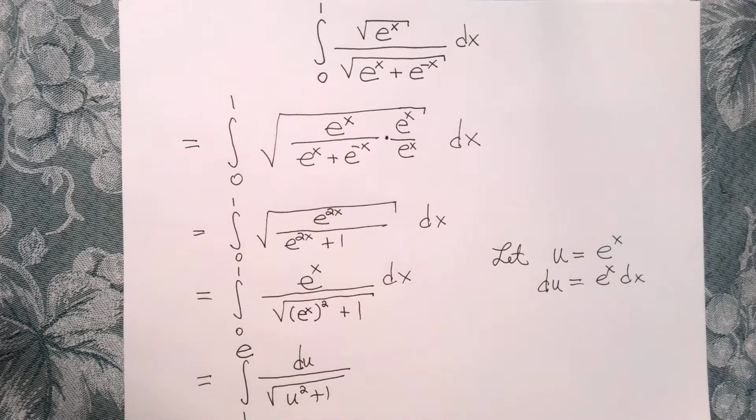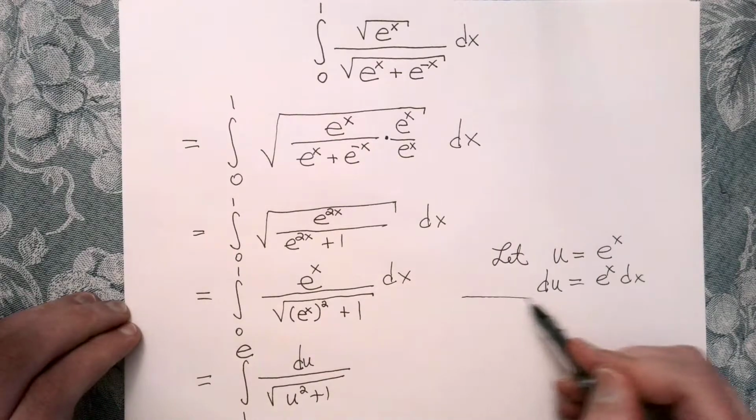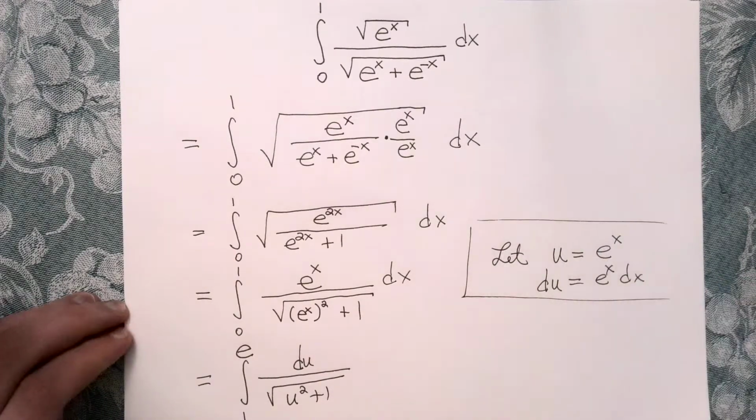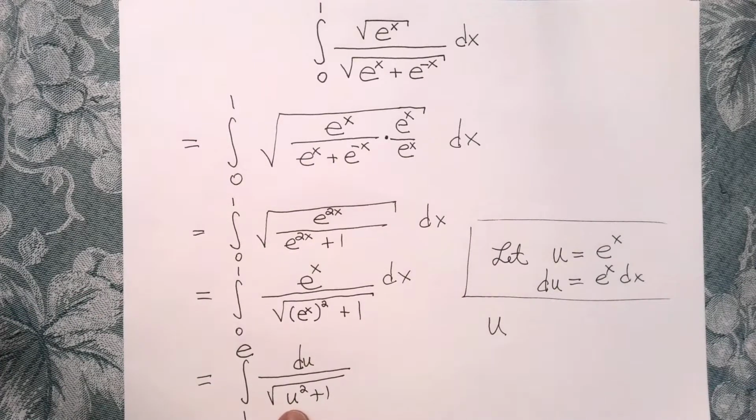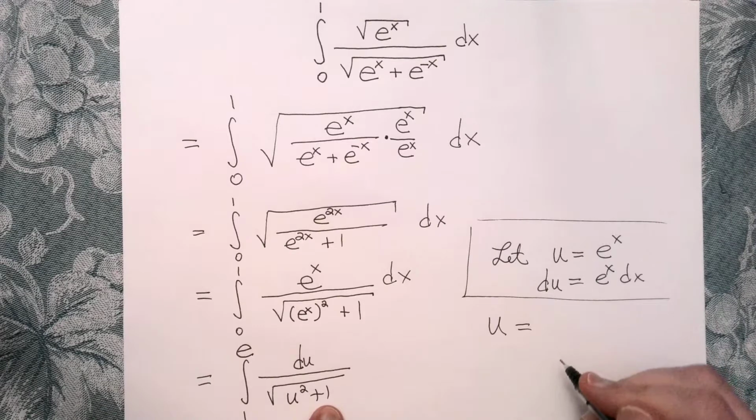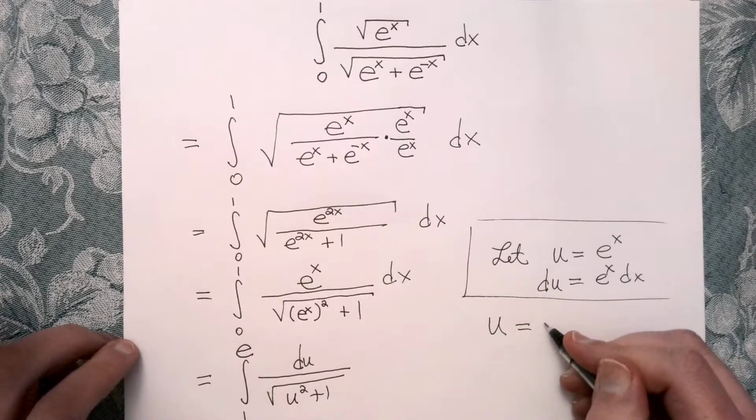And this reminds me of a trig substitution, sort of Calc 2 style. And specifically reminds me of a tangent substitution. So let's dive into that. So let's say that u is equal to a, or 1 in this case, tan theta.